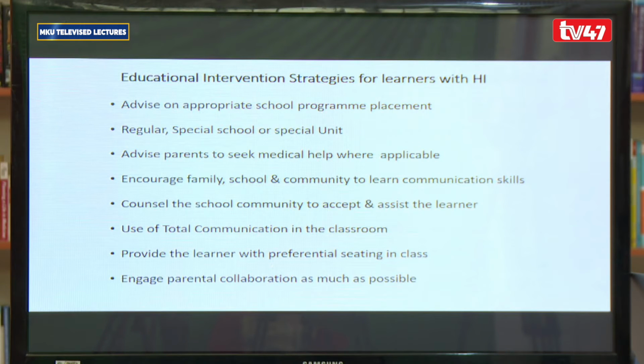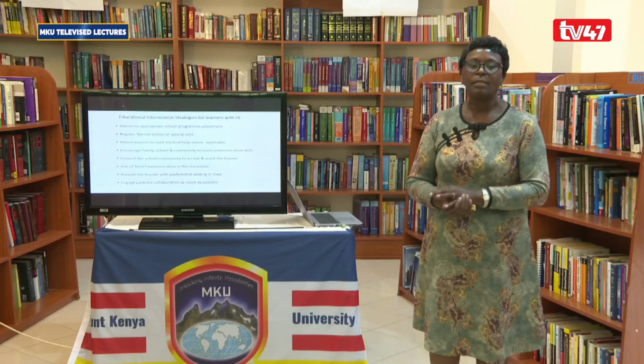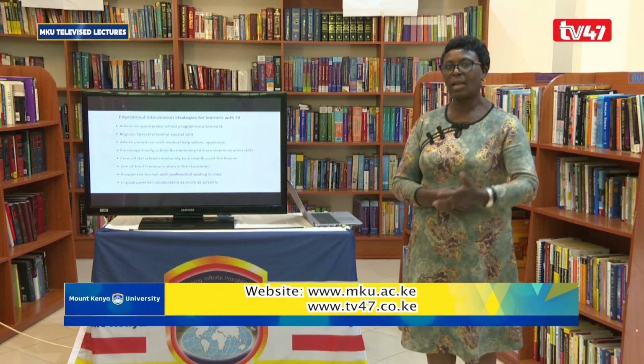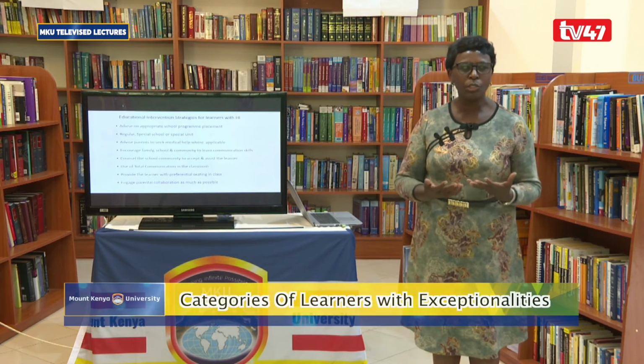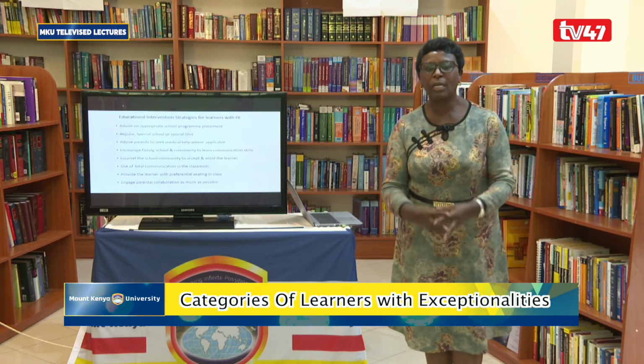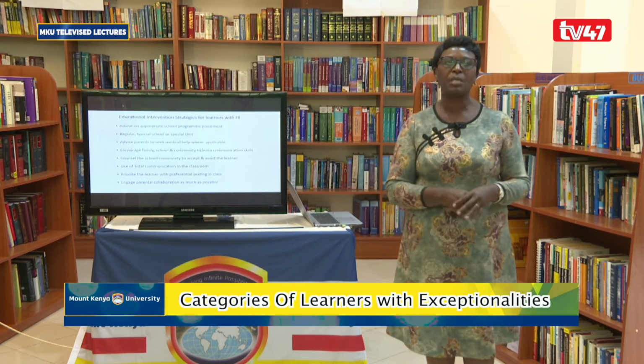So lastly, we're saying engage parental collaboration as much as possible. If you're assisting the learner, work with the parent so that whatever you're trying to make them learn in school, they're helping you when they go home. And you also understand the other issues related with psychological issues, social issues, because some of these learners tend to feel like they are discriminated or segregated because they are not speaking within the family.